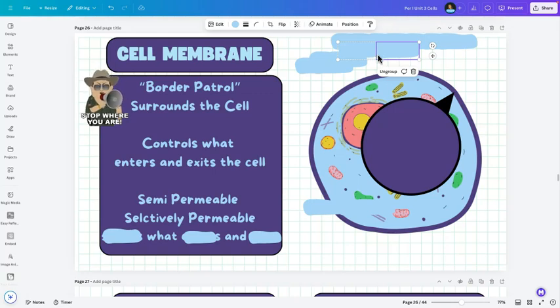Who knows what semi-permeable or selectively permeable means? Good job. It doesn't let everything in. It's going to be very selective of what can enter and what can exit the cell and when. It's very specific.